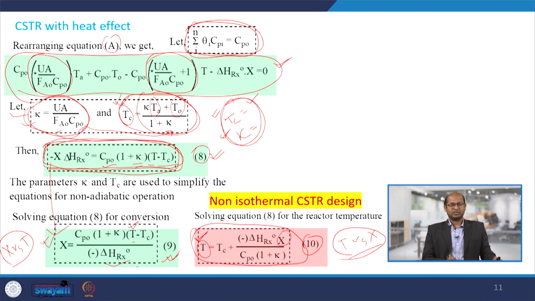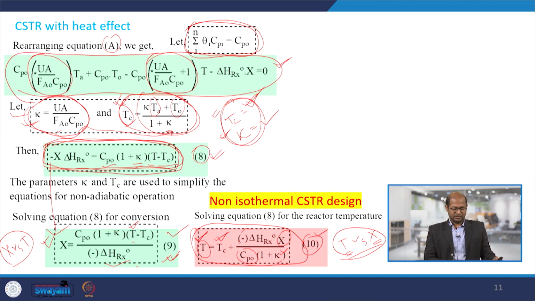Okay. So, with either equation 9 or equation 10, if the kappa value is known and the Tc value is known, these are just parameters. In the simplest way, we are expressing all components like this. So, if we know the Tc value and kappa value, the heat capacity of the component, and the heat of reaction, then at a specified conversion we can find the temperature of the reacting medium under a particular heat exchange operation.